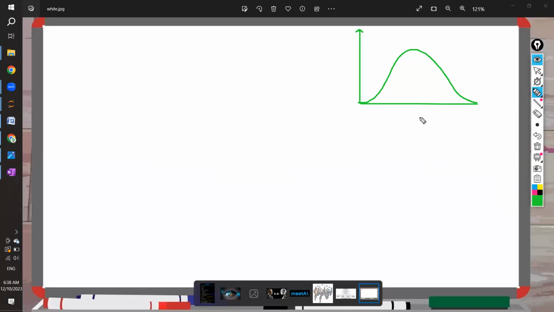Because as I said, you will be drawing this distribution, this graph, against two things: one is the outcome, and the second thing is the probability of its outcome. So now let's say my distribution is regarding the age of people.